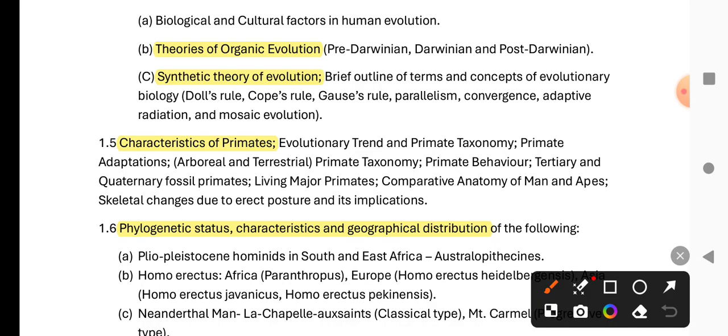What is the brain capacity and what is the size of the brain? We need to study the cranial capacity. It is measured in cubic centimeters, and it is the volume of the cavity, the volume of the brain, simply also called cranial capacity.